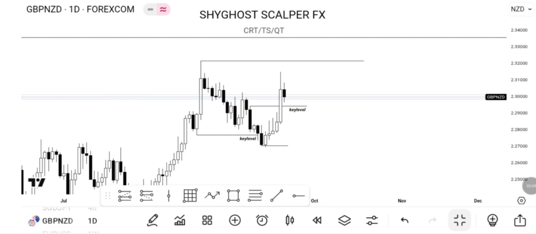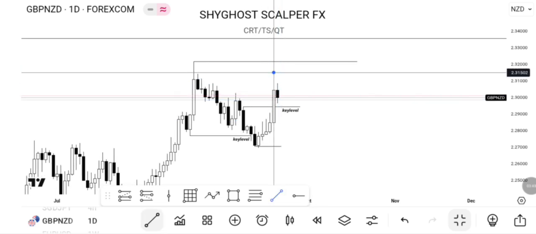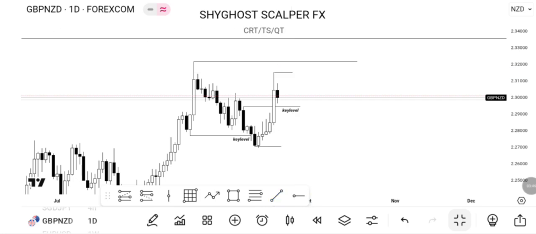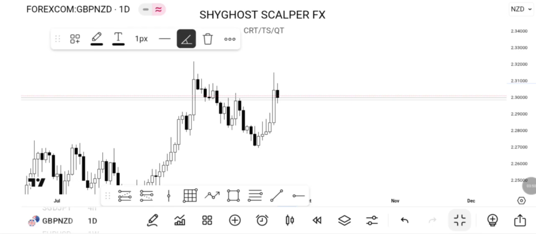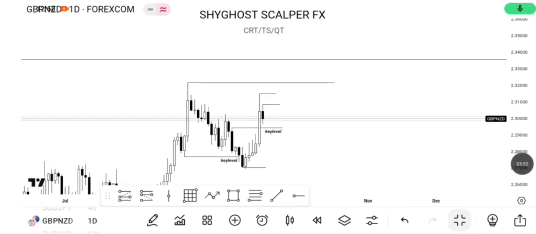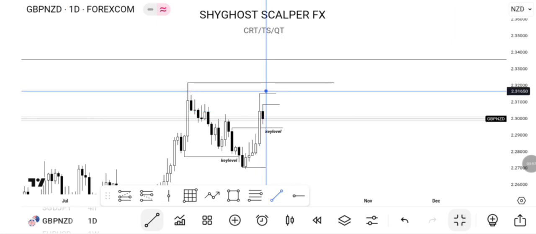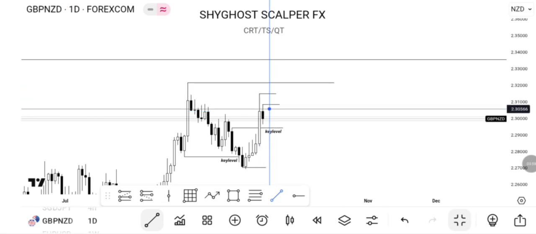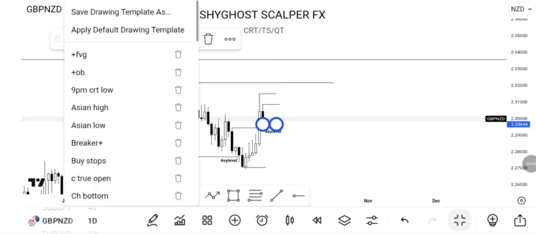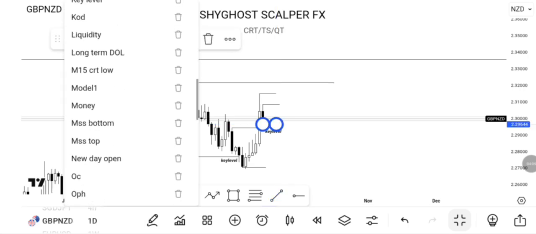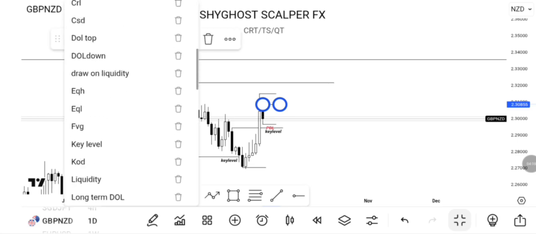So now we can see that this wants to come here first, right? But before it does that, it needs to sweep. Before it comes here for its DOL first, it needs to come down here to sweep the Friday low, previous daily low, previous daily high, right?